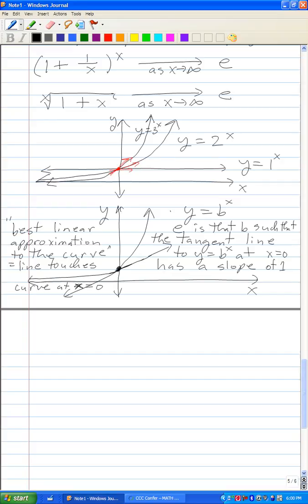And so it is approximately, I guess I'll write a few places.